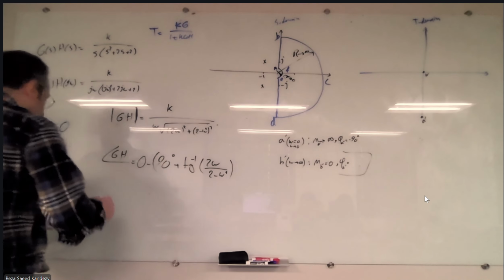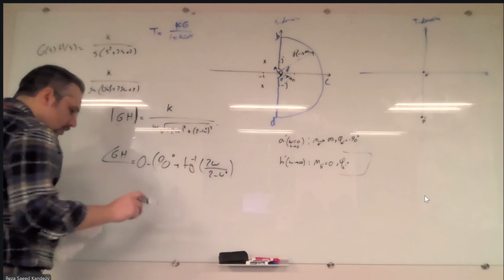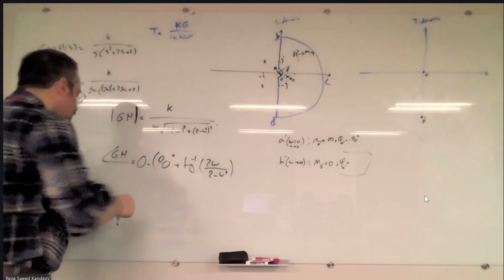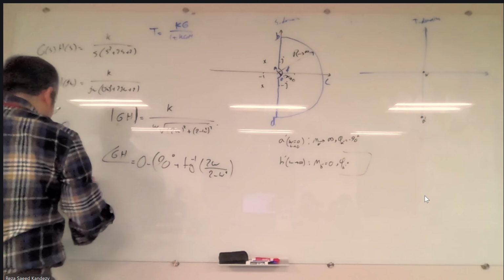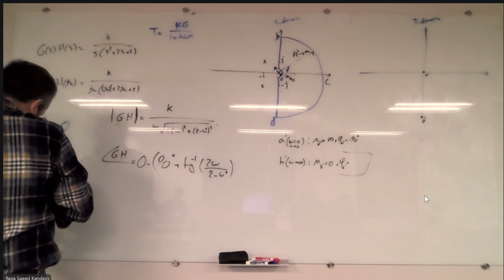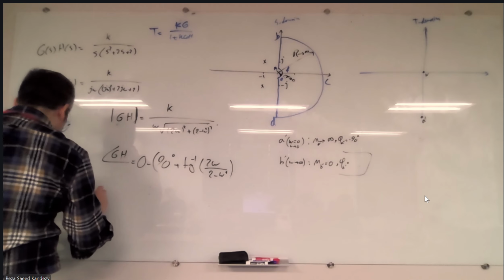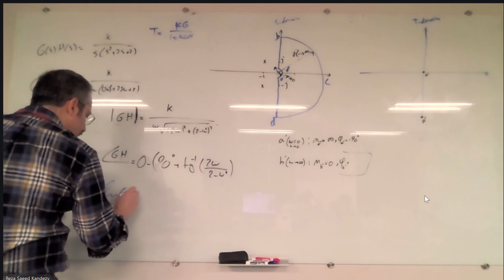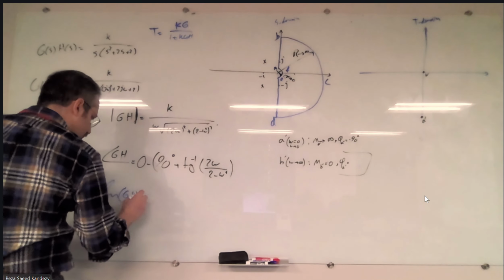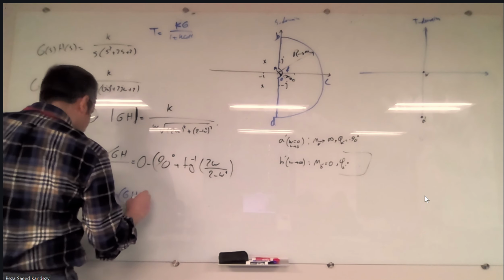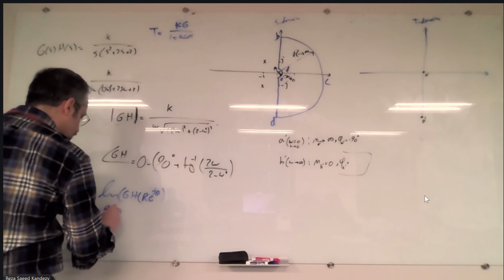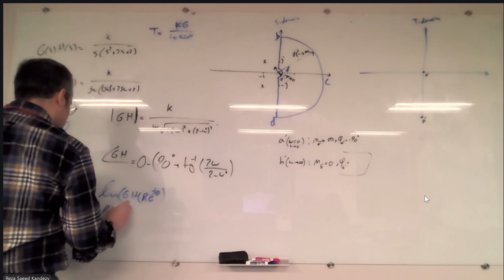So when R goes to infinity, meaning the curve BCD, the way we are going to deal with that is to consider the limit of our GH, when S is capital R e to the j theta, when R goes to infinity.